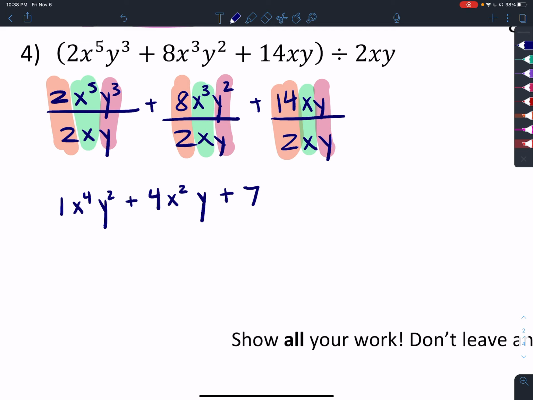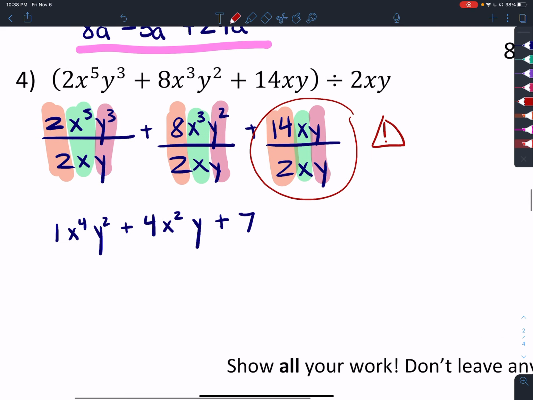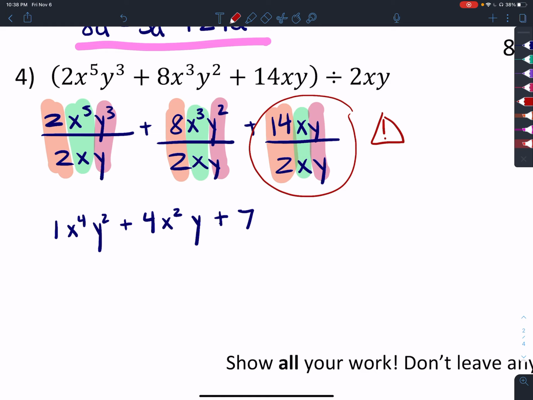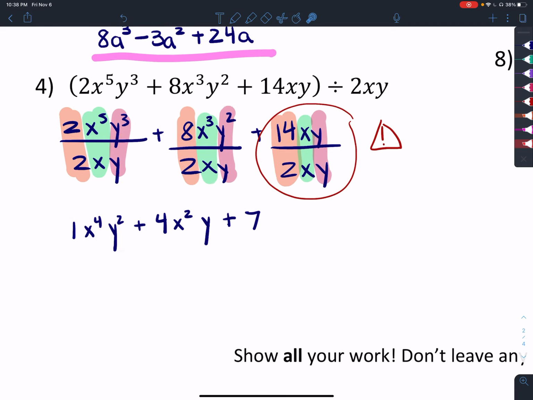So at this step, I'm just going to put a little circle, put a little danger sign, just so you remember this is something that you should slow down and really make sure that you're looking at it properly and that you remember not to write those x's or y's and to just leave that 7 by itself.